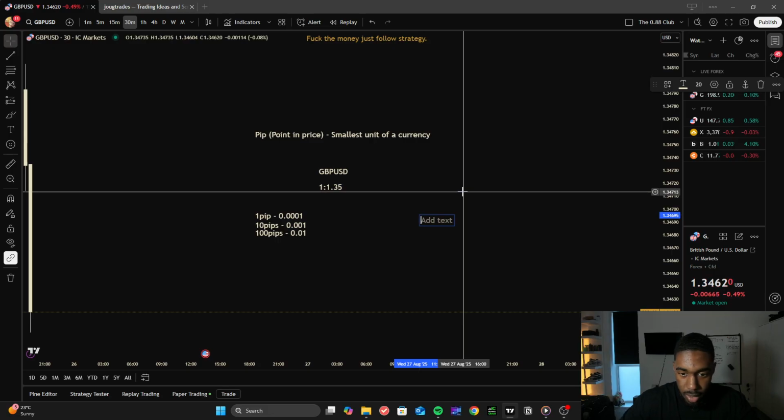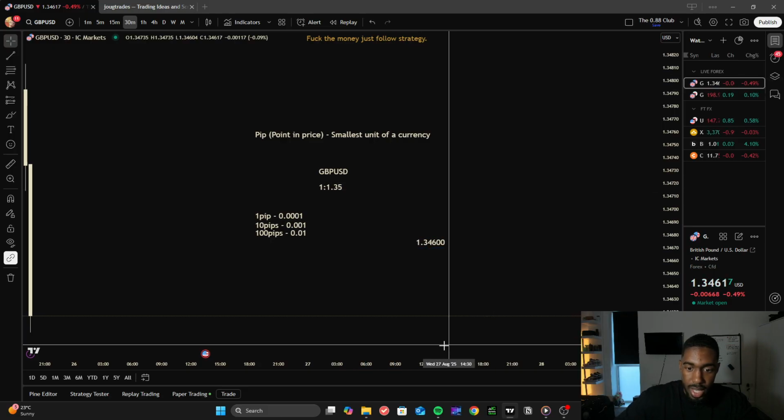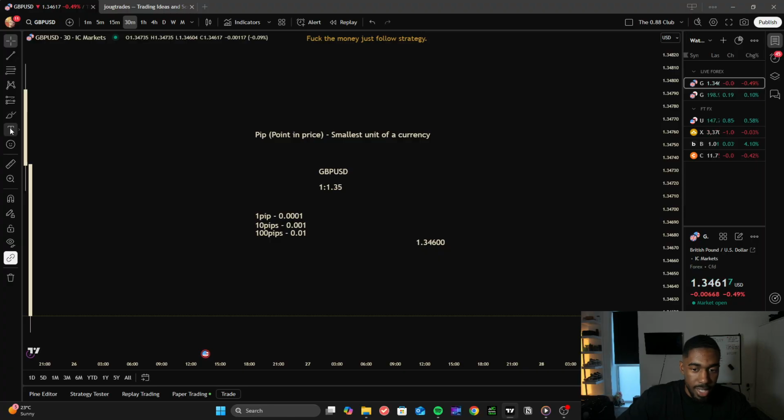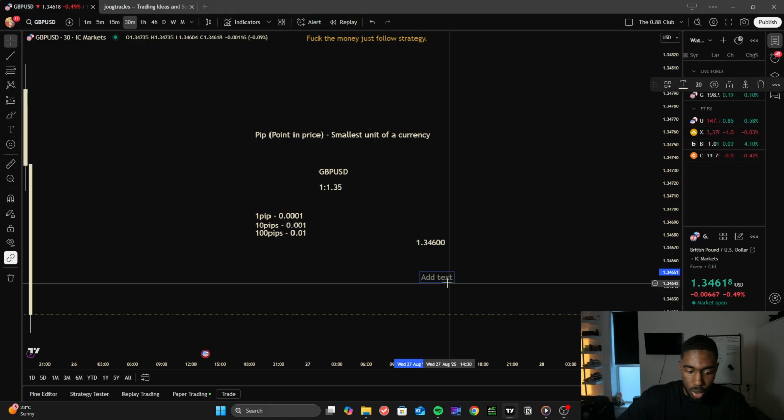So let's use what the real price data are here. So let's say the price is currently 1.3346. We'll say 00 for a little bit of simplistic sake. We'll say it's that, right? Now let's say price goes higher, right, to 1.34610.